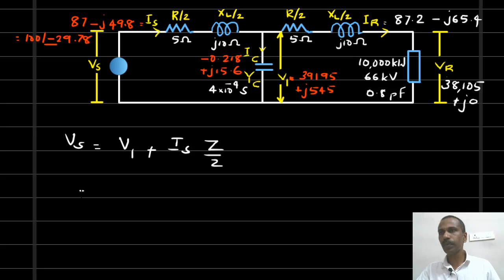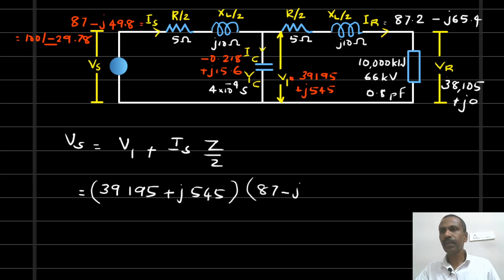So V1 is 39,195 plus J545 into IS, which is 87 minus J49.8, into Z by 2, which is 5 plus J10, the impedance on the left hand side of the transmission line.